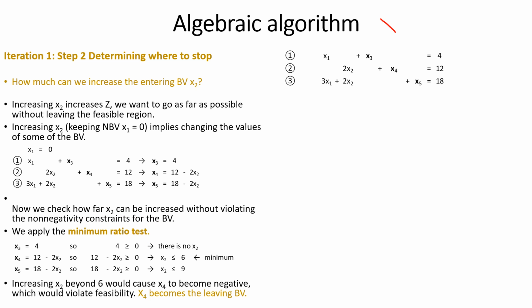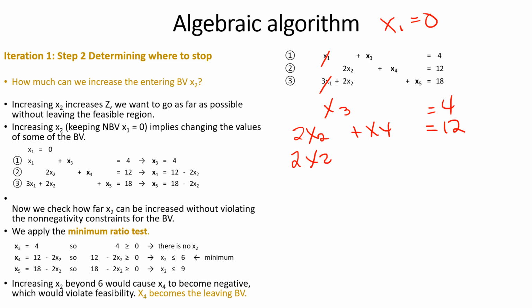So x1 equals 0, so the x1 terms are gone, and what we're going to have here is x3 equal to 4, and then 2x2 plus x4 equal to 12, and then 2x2 plus x5 equal to 18.